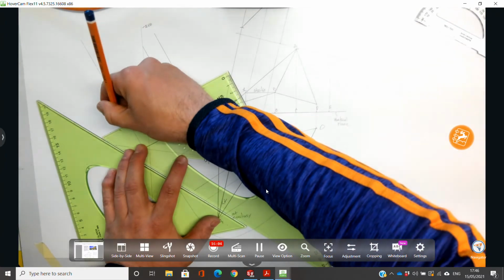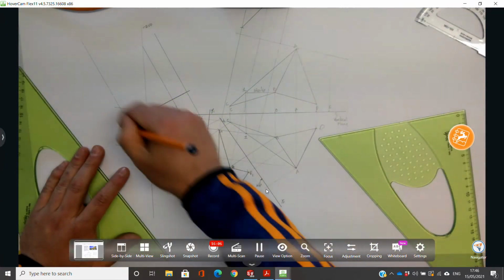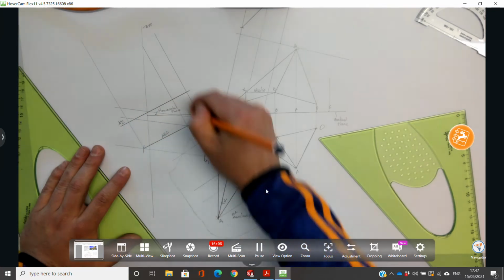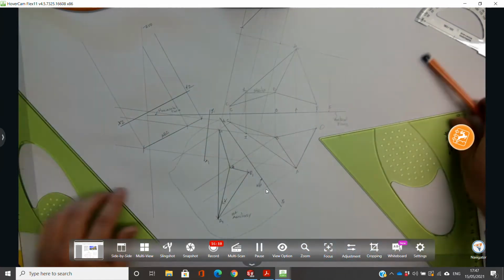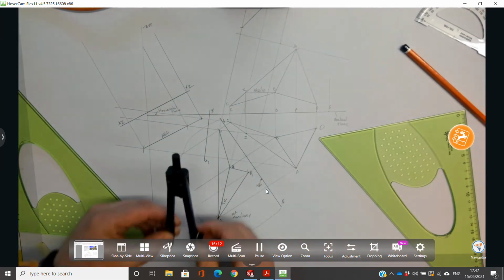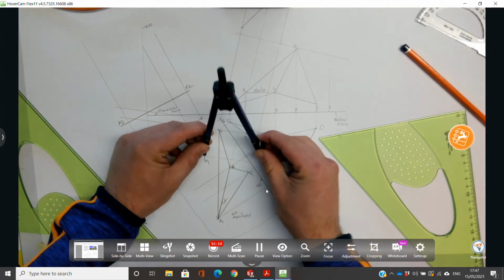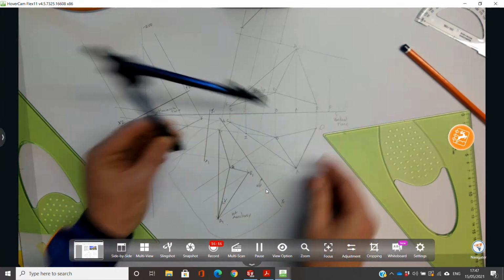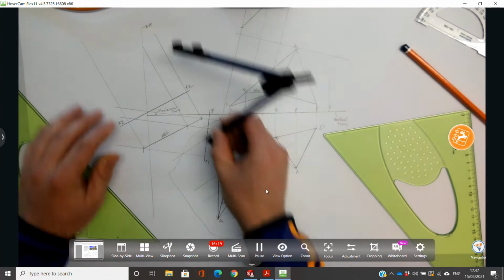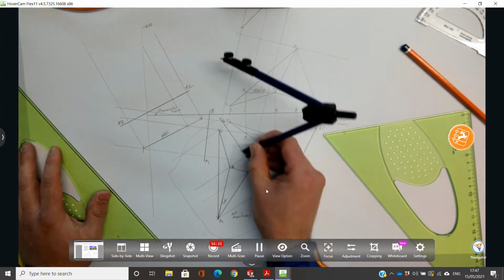There's an x2, y2 line. Now, I can take the distances from my x1 and y1 line back to plan. So there's A, don't take the old one. A, where are you, A?